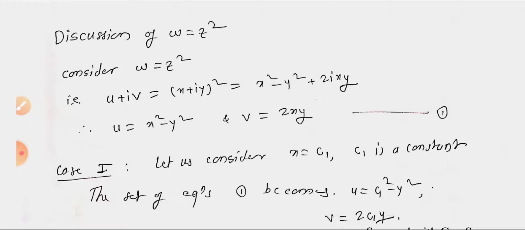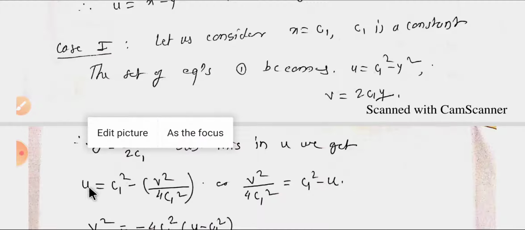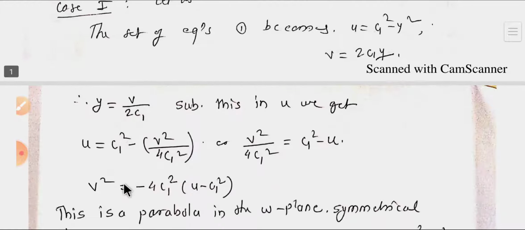Therefore y equal to v by 2 c1, and substituting this in u, we get u equal to c1 square minus v square by 4 c1 square, or v square by 4 c1 square equal to c1 square minus u, or v square equal to minus 4 c1 square into (u minus c1 square).